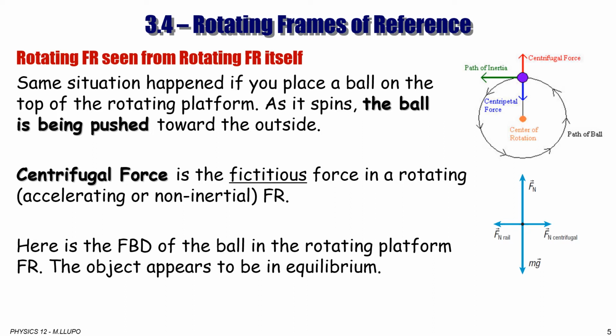That fictitious force doesn't really exist, but it is the only way that you can explain why the ball is not moving relative to that rotating platform, as we talked about why you are not moving relative to the merry-go-round frame of reference.